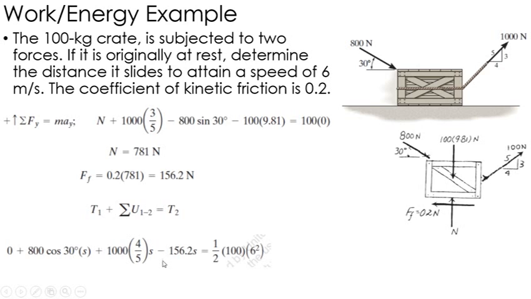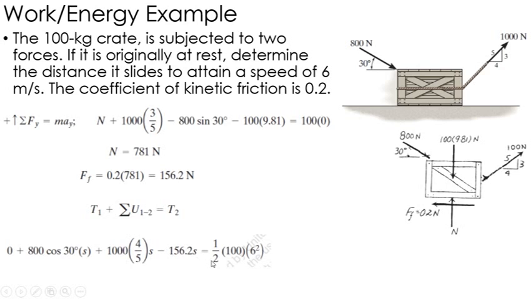So I get a negative work due to friction of the friction force 156.2 times the displacement. Again, 800 and 1,000 act to the right, which is the direction of motion. Friction acts to the left, opposing it, so that one becomes negative. So that's all of the forces that are doing work in the direction of displacement.